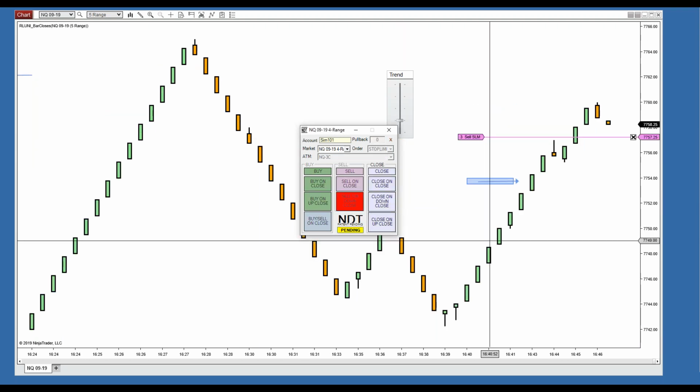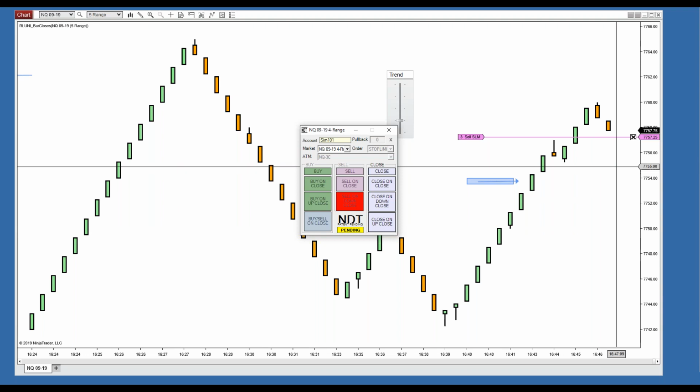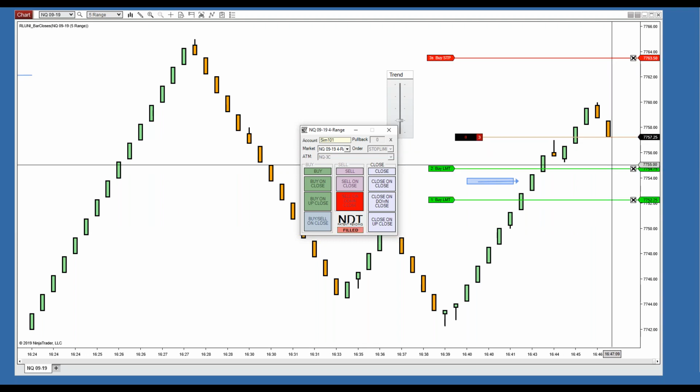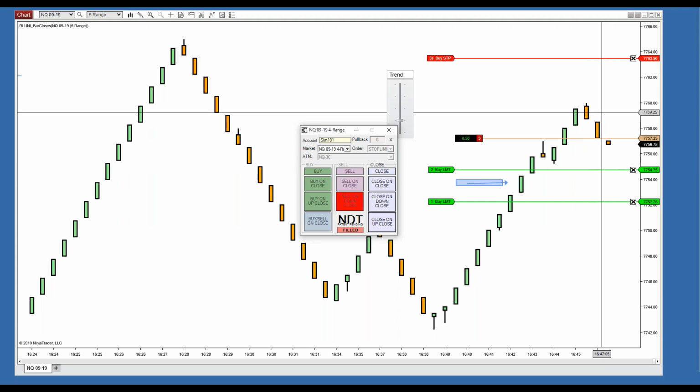There we go. We're selling it down close, and you can see exactly what we got. Now it's doing something that it didn't do before. It's showing you where the calculated entry is. And there it is. Now, I don't know why it wasn't doing that before, but it should project that.